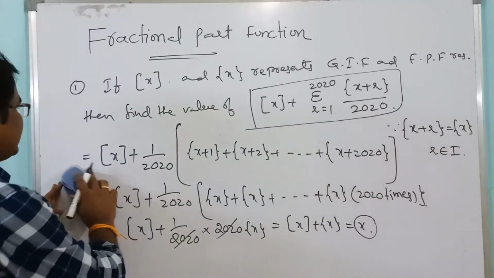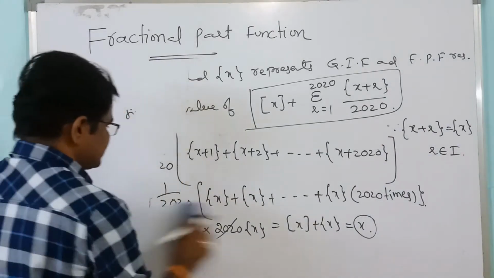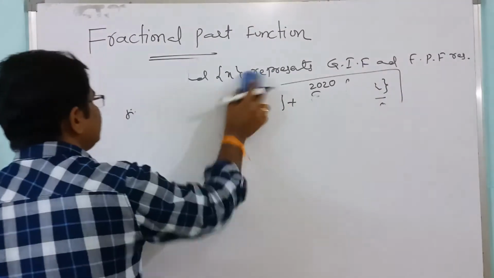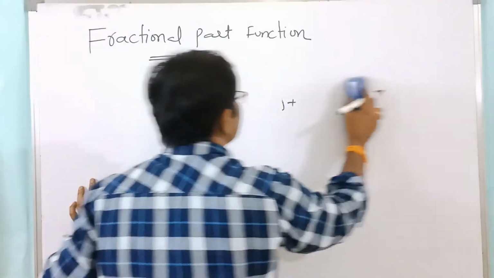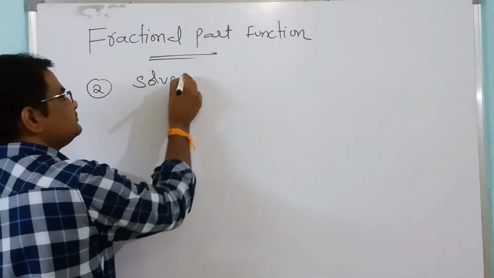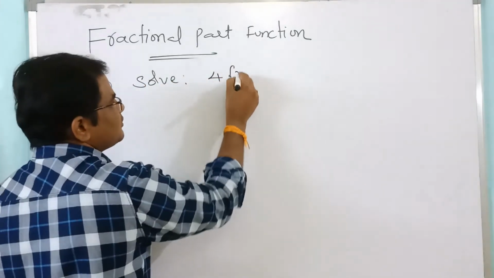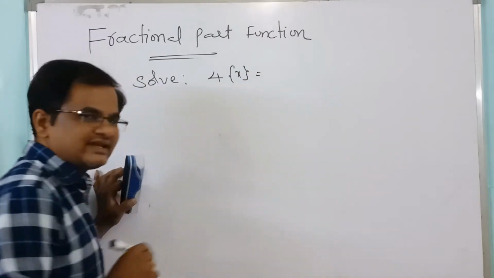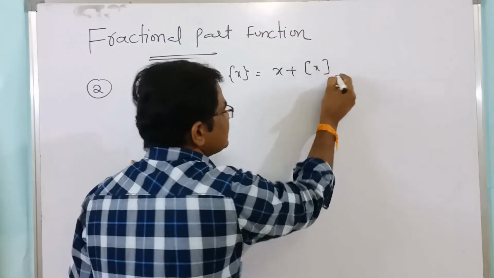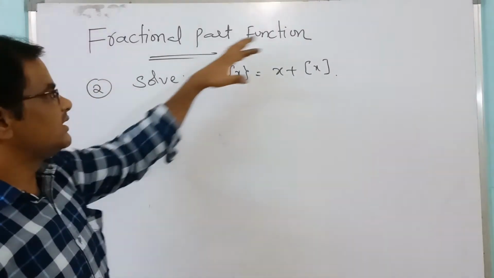Okay, now take one more example on the fractional part function. Suppose they ask: solve 4 times the fractional part of x equal to x plus [x]. We have to find the value of x in this equation.